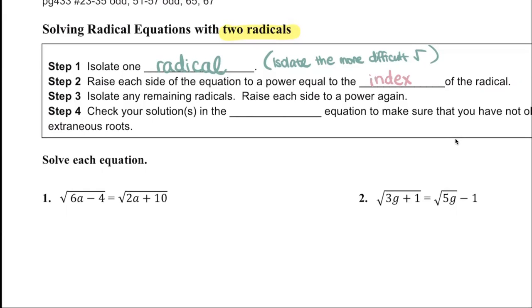So if you still have radicals floating around, you want to isolate any remaining radicals, right? And then raise each side to the power again. Okay, because every time you raise to the power, it gets rid of radicals. So you just keep doing that until you have no more radicals, and then you solve.